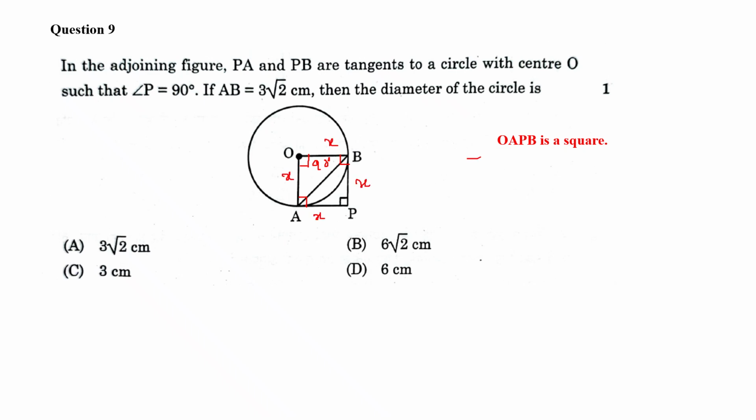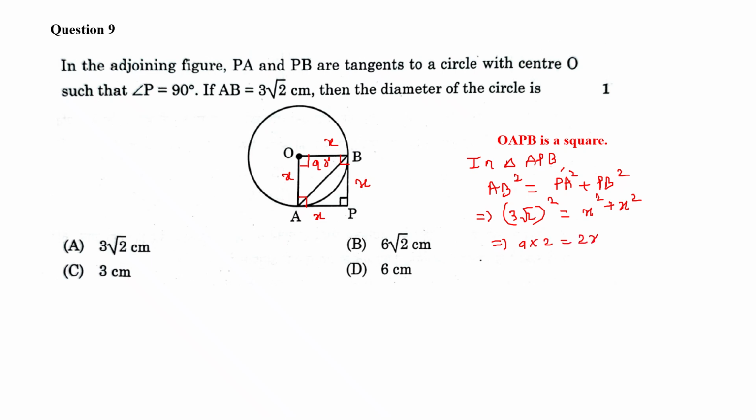Now if I take triangle APB, AB square, whose value is given as 3 root 2, will be equal to PA square plus PB square. So (3 root 2) whole square equals x square plus x square. 3 square is 9, root 2 square is 2, so 18 equals 2x square.